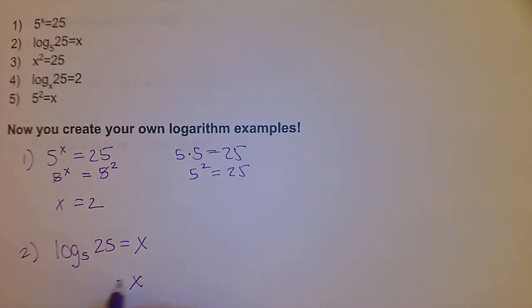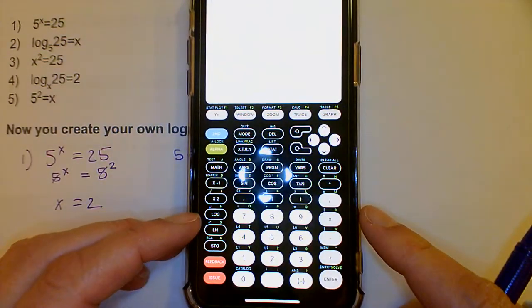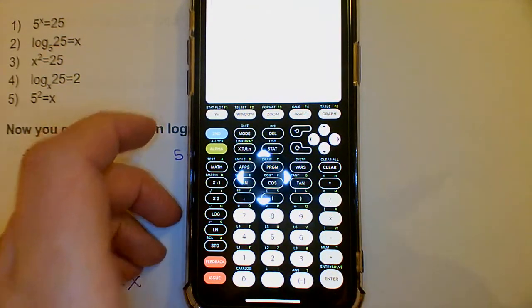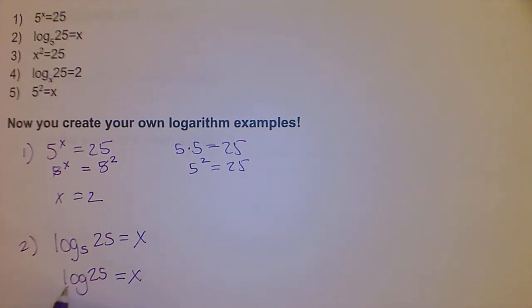In order to solve where we don't have a base of 10, and on your calculator, this log right here is base 10, we have to get out of base 10. So what you do is you take the big number, 25. That's your answer. Remember, that's your answer. So we're going to do log of 25 divided by log of the base, which is 5.